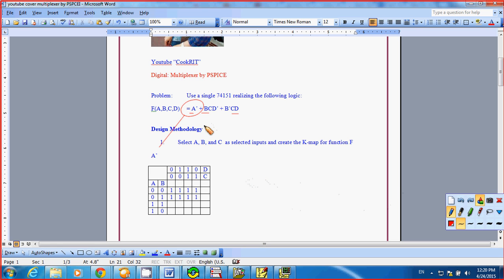So let's start with the A prime here. I have input A, B, and C, D. A is 0, 0, 1, 1, and B is 0, 1, 1, 0. And for C and D, you do the same thing, right? So 0, 0, 1, 1, and 0, 1, 1, 0. Now the first term is A complement. We just take a look at where A complement is the logic 0.